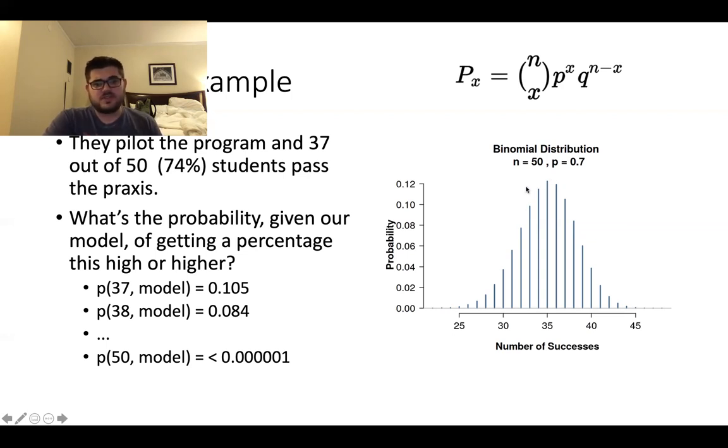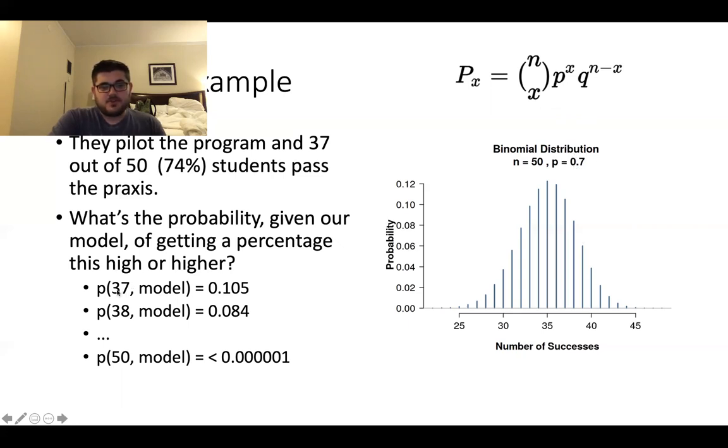So what we want to do is test the hypothesis. We say, what's the probability of getting 74% or better when you assume that there really is no difference? We're still at 70%. So you ask, what's the probability of 37 out of 50 when you assume this model, a binomial distribution where the probability of passing is 0.7?